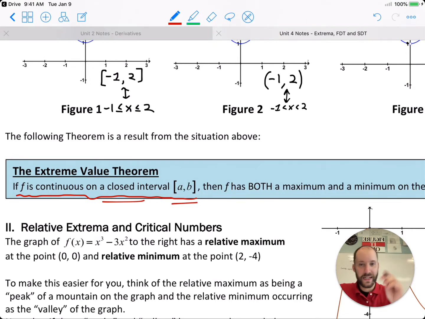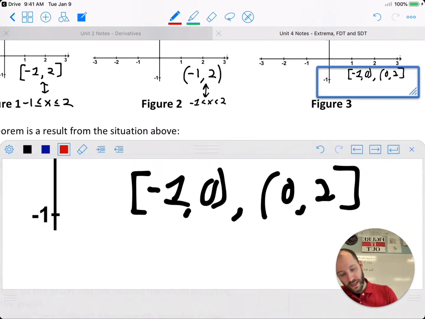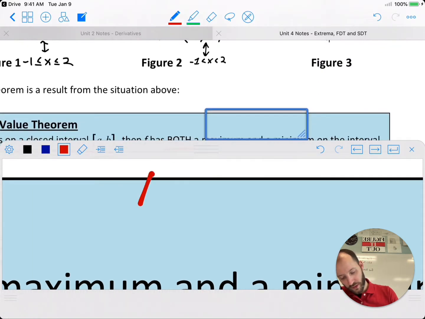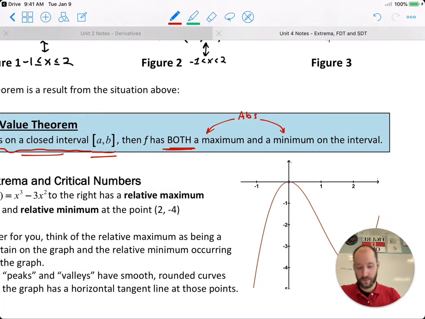If that's the case, f has both a maximum and a minimum. And I'm going to edit that a little. I'm going to say both are absolute maximums and minimums, okay?